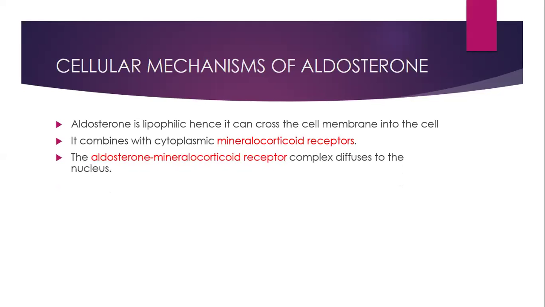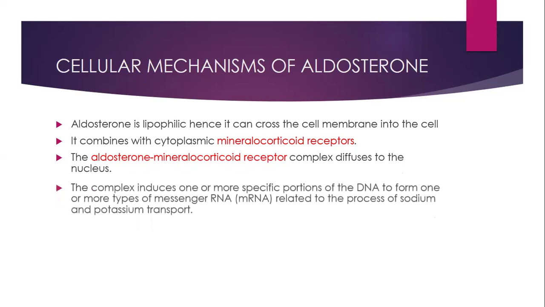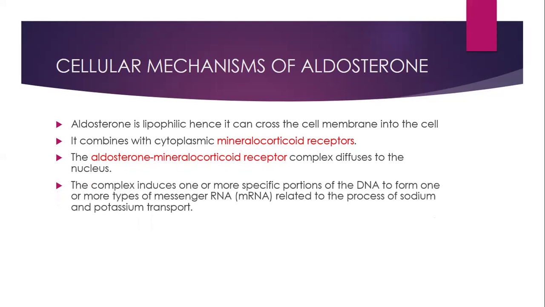After forming that aldosterone mineralocorticoid receptor complex, this diffuses to the nucleus of the cell. Once in the nucleus, it can cause transcription and formation of messenger RNA, which can later be translated into different proteins. For example, a good one being sodium potassium ATPase, which is very important for transport of sodium and potassium.